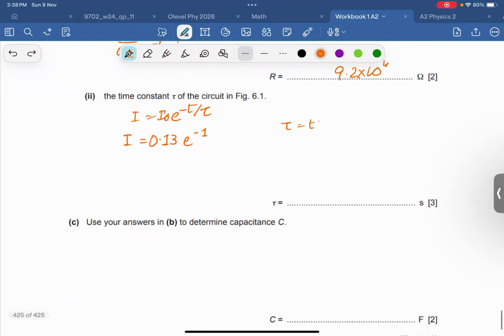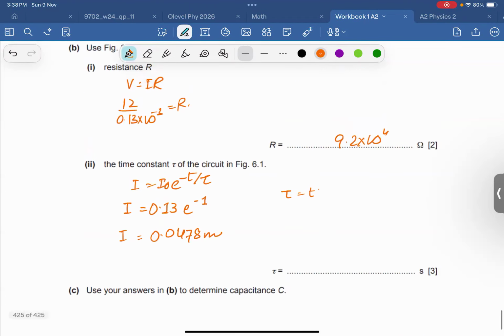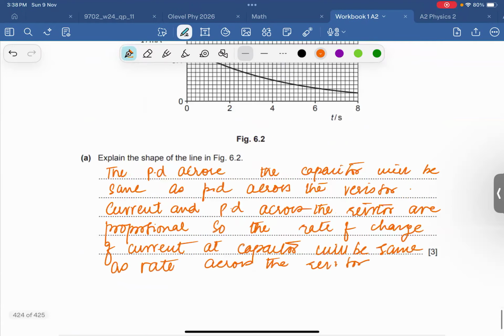I'm getting I as 0.0478 milliampere. Now at this current, we will have the time equivalent to the time constant.